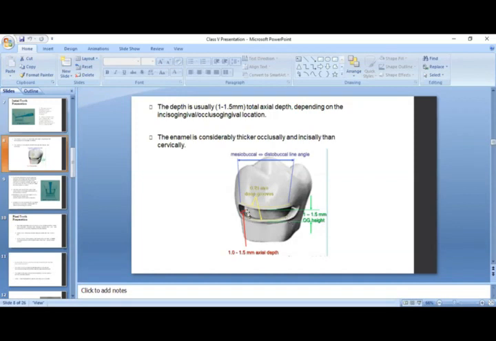If the carious region is big, we need to extend our restoration up to a depth of 1.5 millimeter. If the carious region is very small, we can limit the cavity design to 1 millimeter. But the axial depth should not go into the dentinoenamel junction, as I mentioned earlier, it is 0.5 millimeter, right?